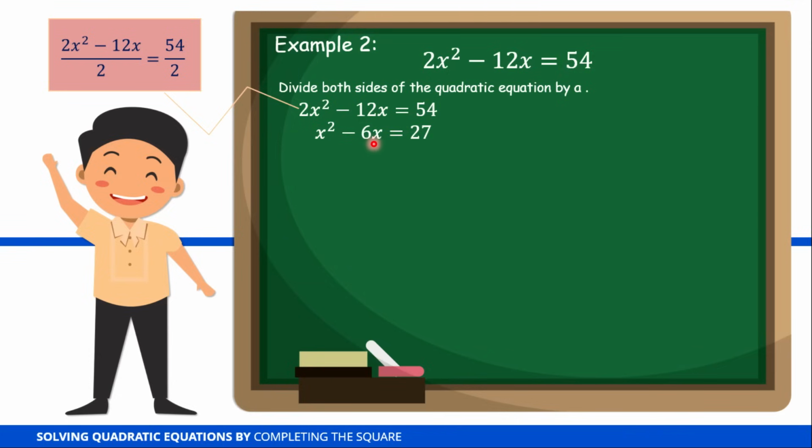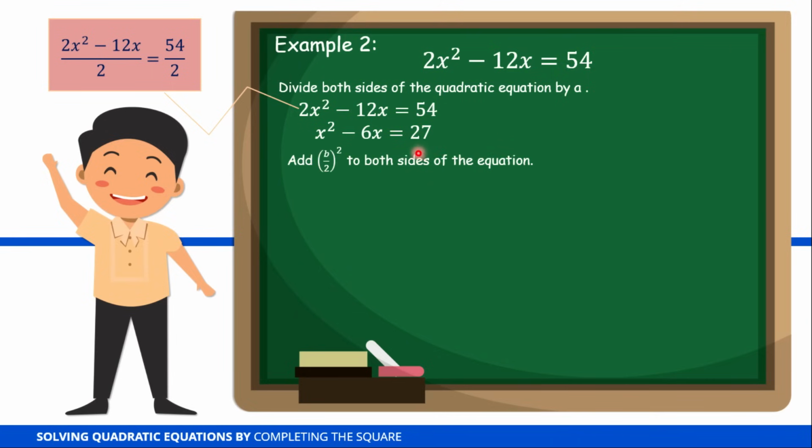Ito ay nasa form na kung saan naka-isolate yung ating x squared term at x term. Tapos yung constant ay nasa kabilang side ng equation. Pwede na tayong mag-proceed sa ating susunod na step, kung saan gagawin nating perfect square trinomial itong nasa left side.